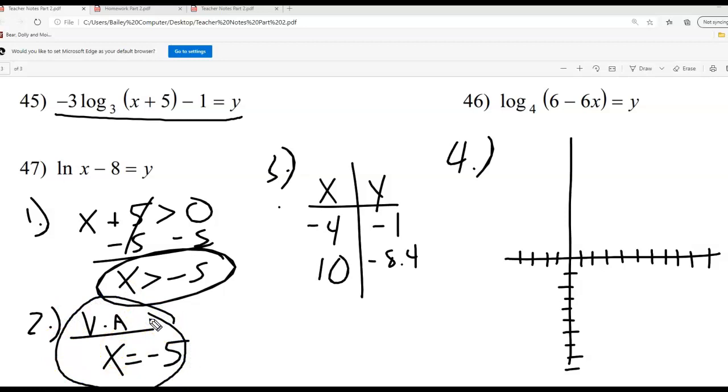It's at -5. And then I'm going to plot this point first. After that, -4, -1, so left 4, down 1 is a dot right about there. And then 10, -8.4, here's 10, down to -8.4 is going to put me right about here.